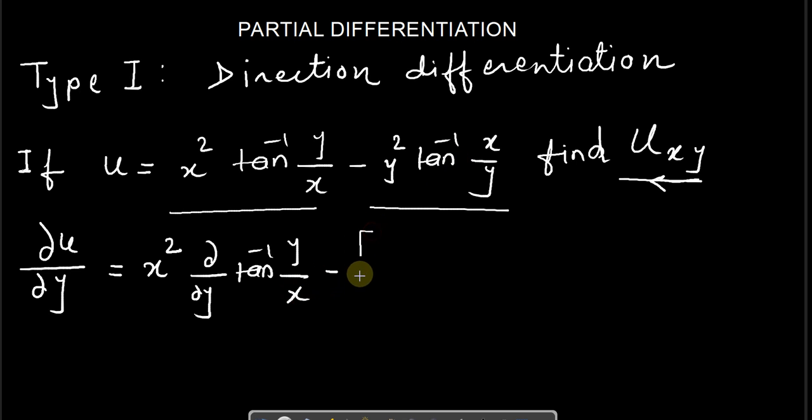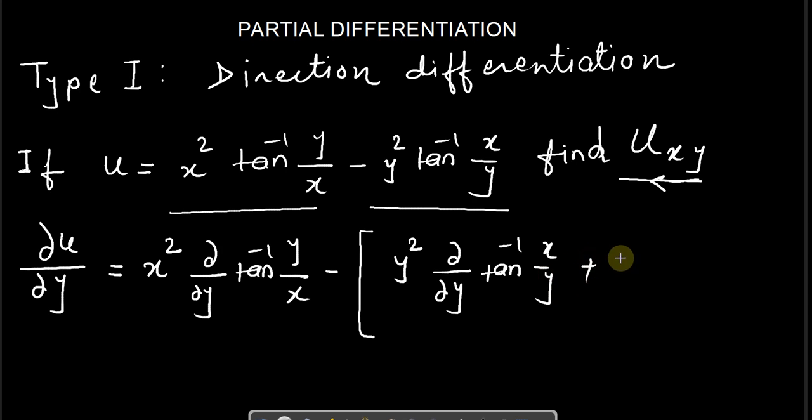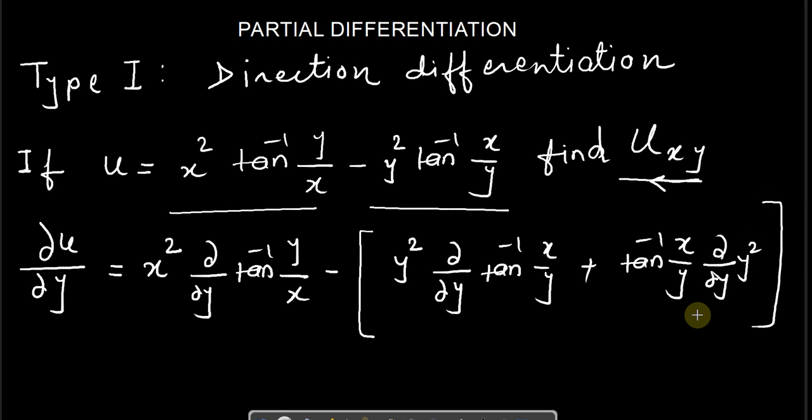In second term, both the terms have y. So use here product rule. y square as it is, derivative of tan inverse plus tan inverse as it is, derivative partially with respect to y of y square.